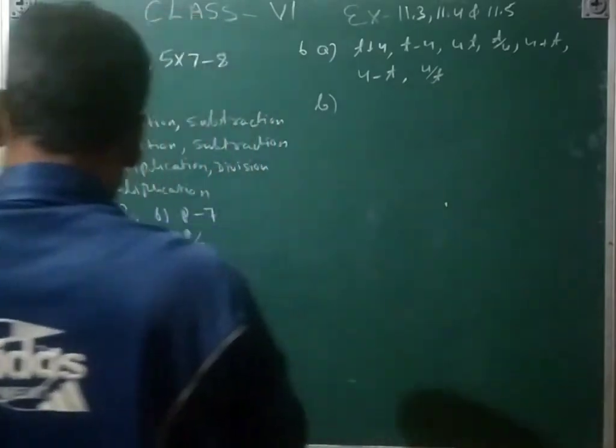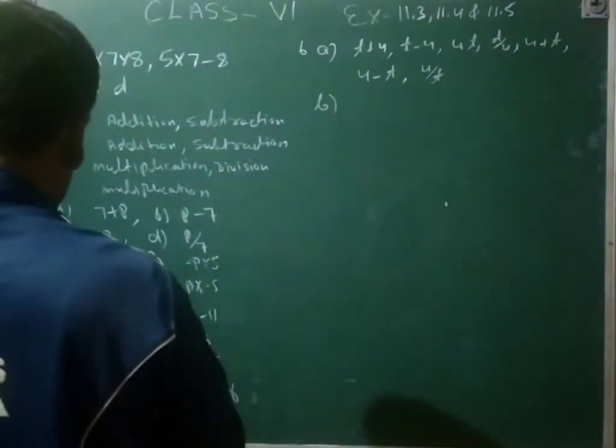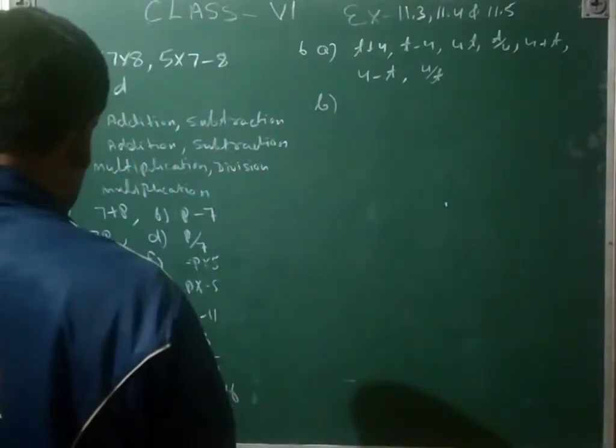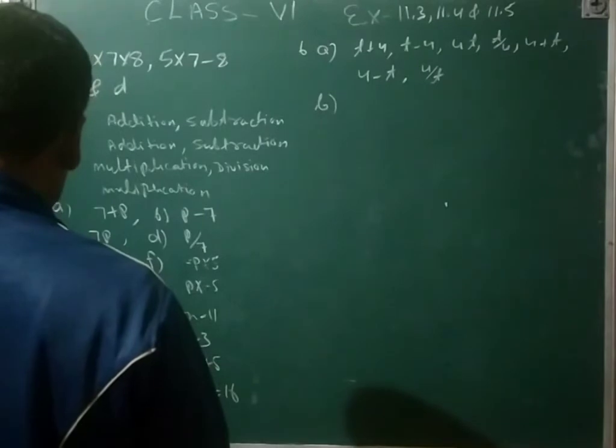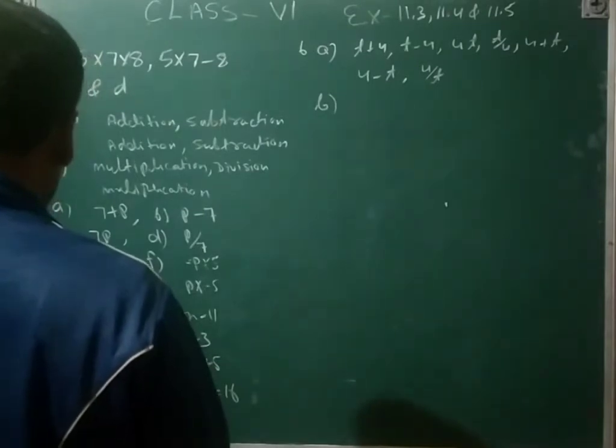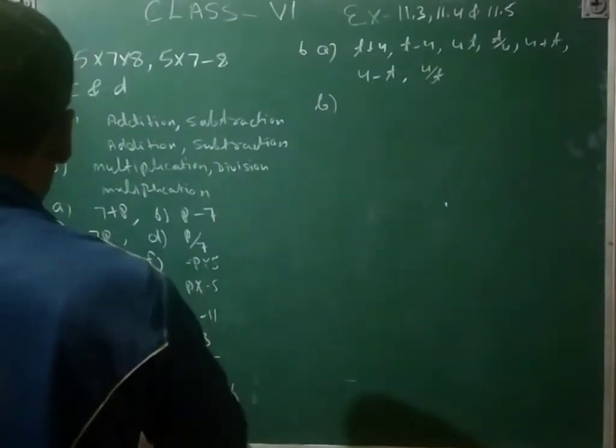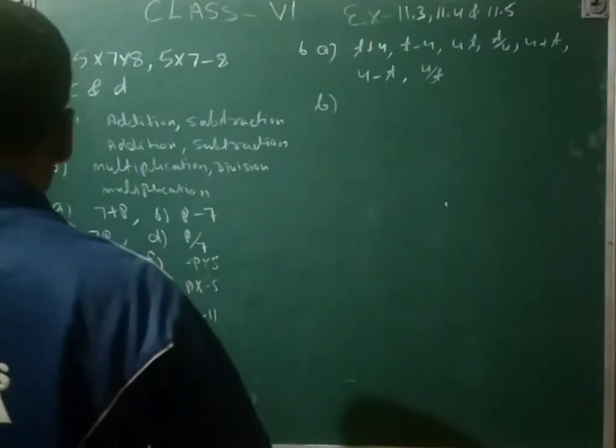B, form expressions using y, 2 and 7, such that every expression has y in it, use only two number operations. These should be different.